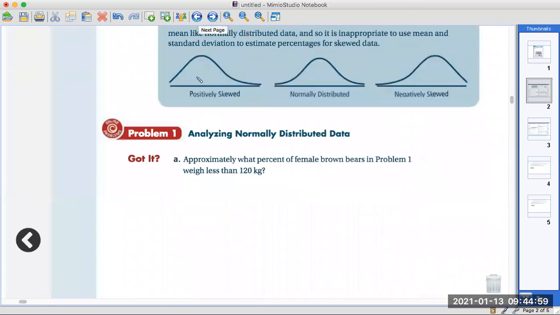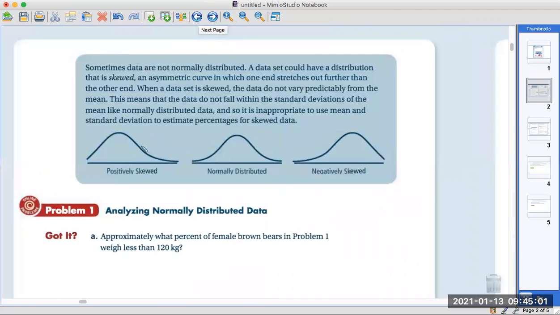And then here are not normal. Sometimes data are not normally distributed, okay? That's called skewed. This book uses a little bit different verbiage than what I'm used to. The tail longer to the right.